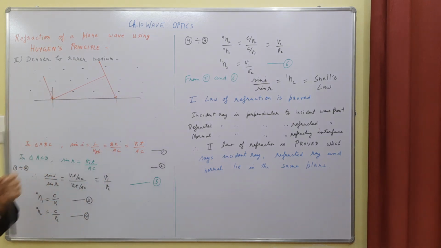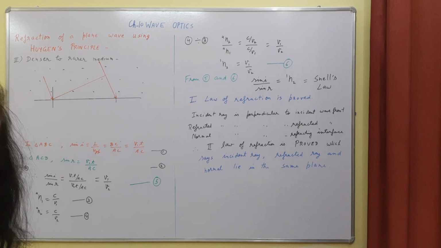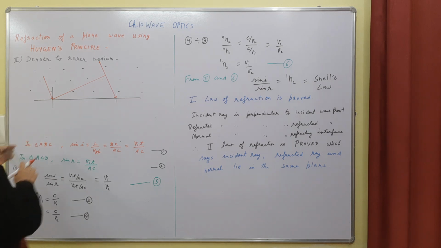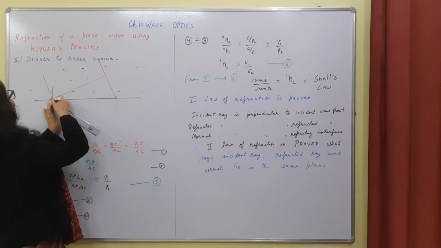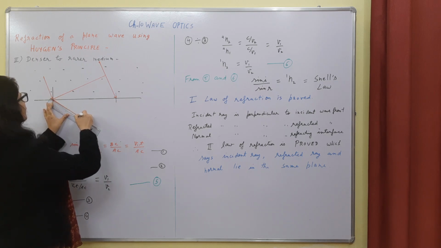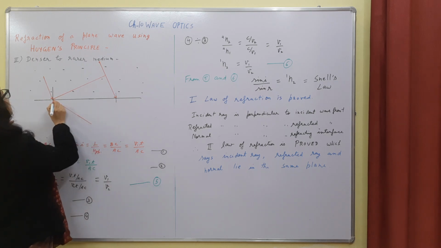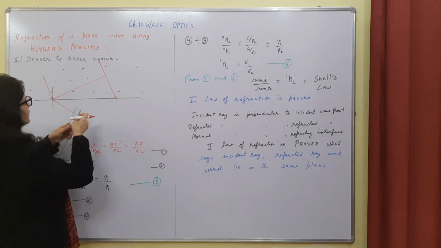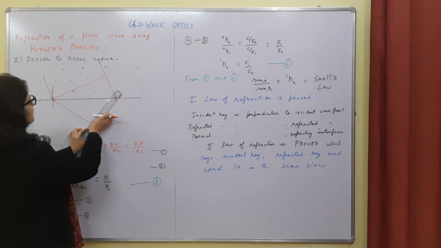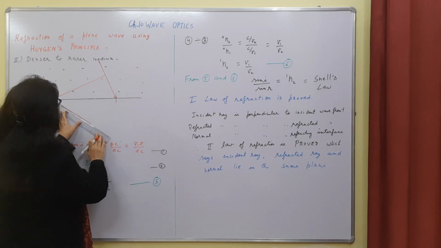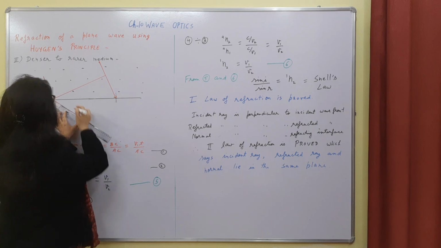Now when this ray moves from denser to rarer medium, where will it move? It will move away from the normal. So it is now moving away from the normal. Now this refracted wavefront will be perpendicular to the refracted ray.